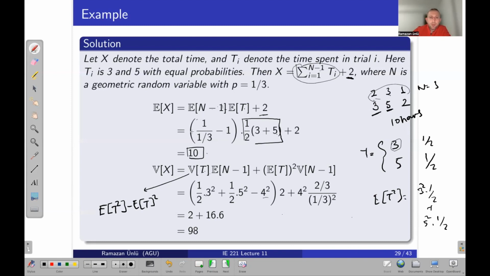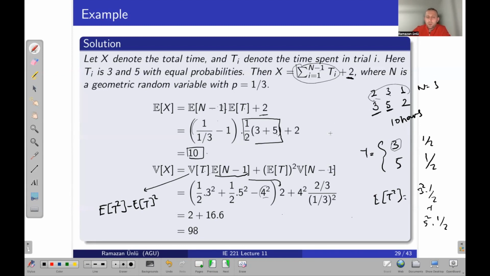I have just calculated it, which is 1/(1/3) minus 1, equal to 2. So that is 2, plus the expected value of t squared, which I have just calculated here as 4 squared, times the variance of n minus 1.